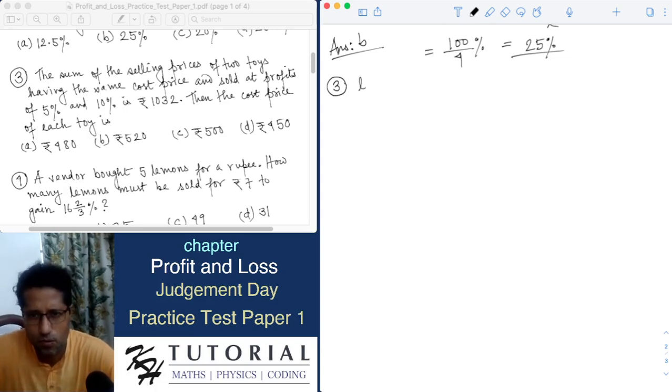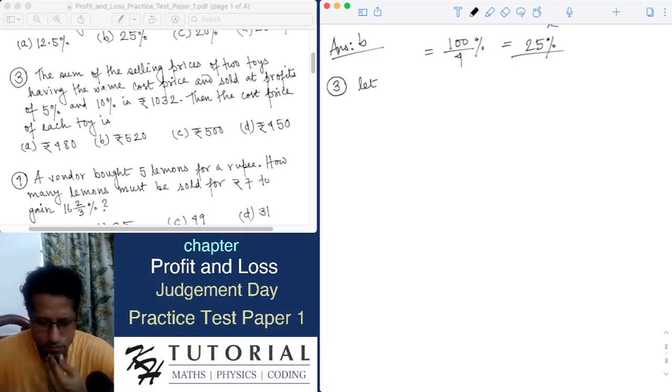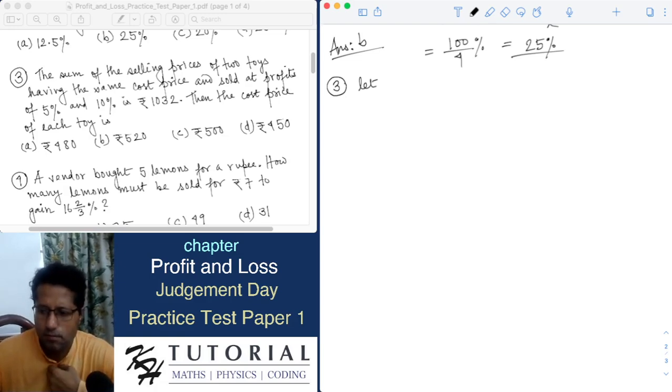Whenever something is asked, the standard strategy is to assume that quantity which is being asked as an unknown variable, and then use all the facts given in the problem to form an equation in that variable and solve it.